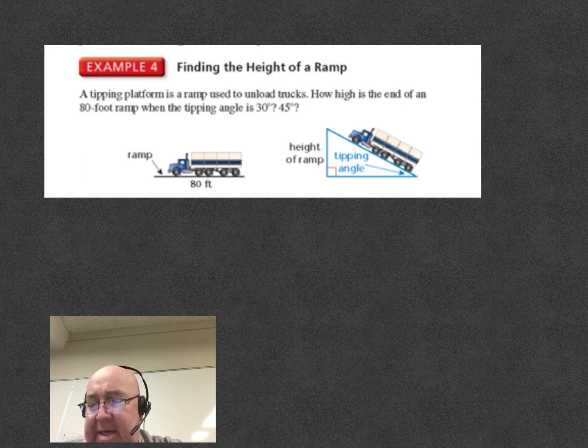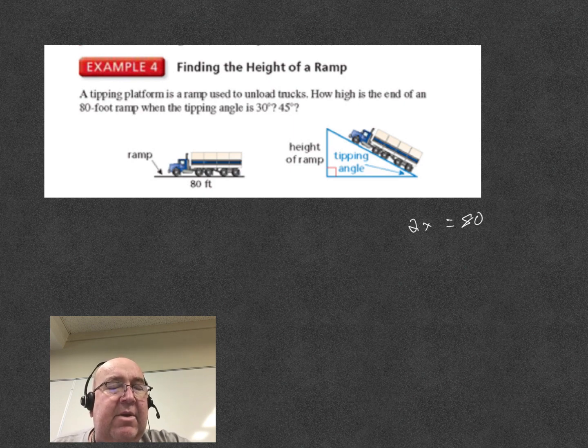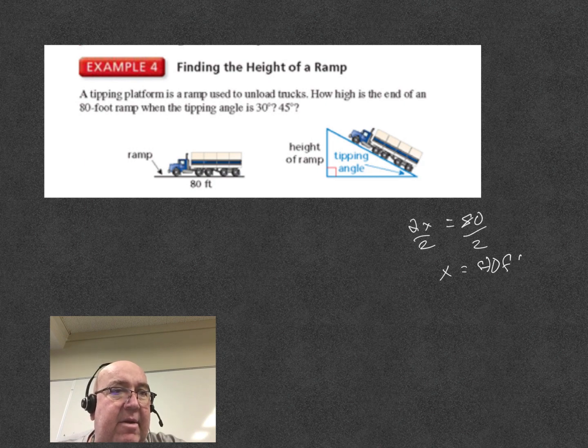With the 30 degree angle, our hypotenuse is 2 times x, what we're looking for, and that's going to be equal to 80. So our hypotenuse is 2 times the short side. So we're going to divide by 2, and x is equal to 40 feet for a 30 degree angle.